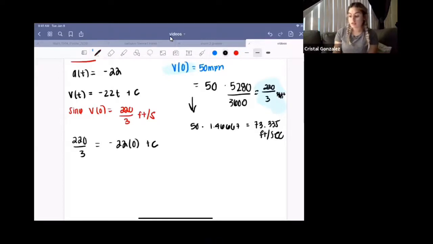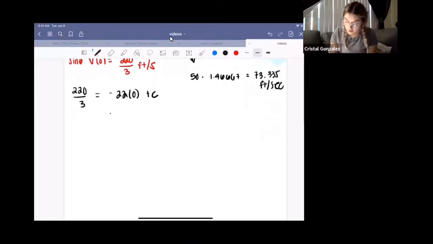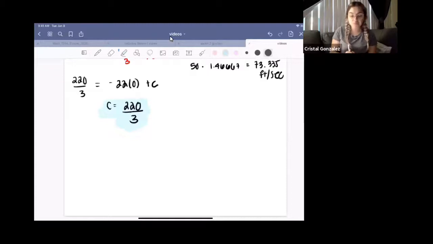So this tells us that c is just equal to 220 over 3. And that usually tends to happen with these problems. I'm not going to say it always happens because it doesn't, but for the most part it does. So that's what c is equal to.